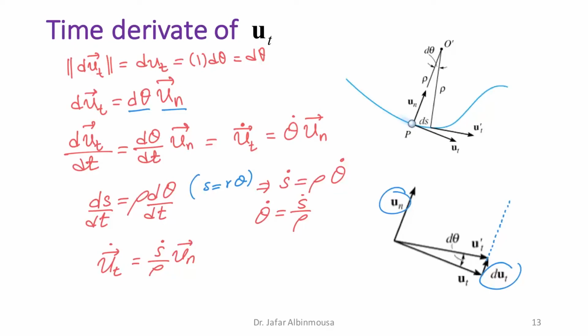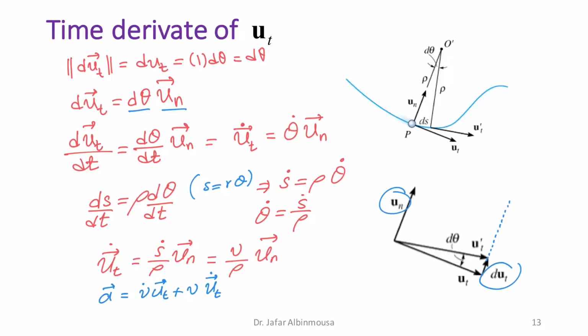But what is S dot? S dot is v. The rate of change of position is velocity. So what I'm going to get is that this is v over rho u_n. So from the previous relation, if you remember, what we got was that the acceleration is equal to v dot u_t plus v multiplied by u_t dot.